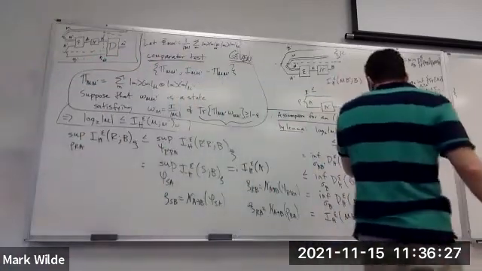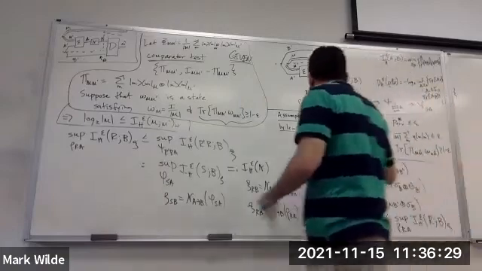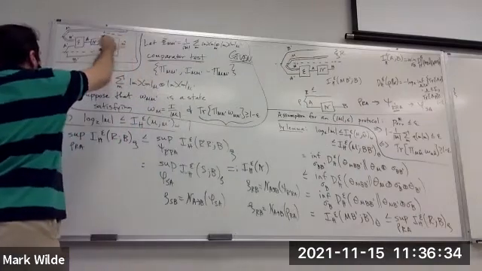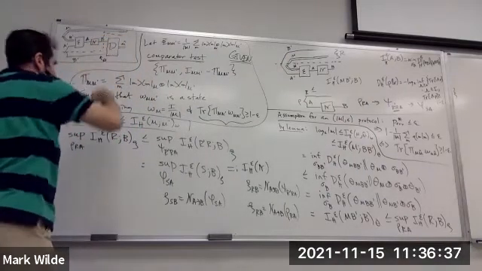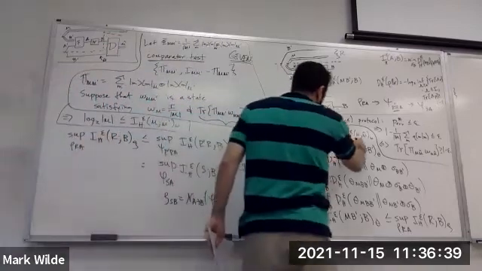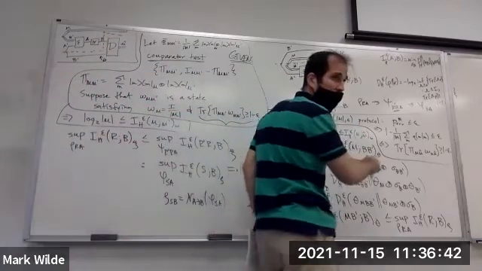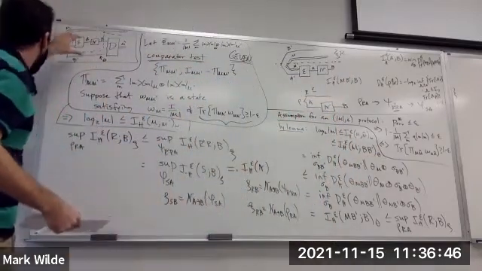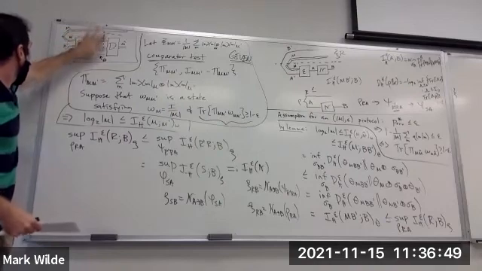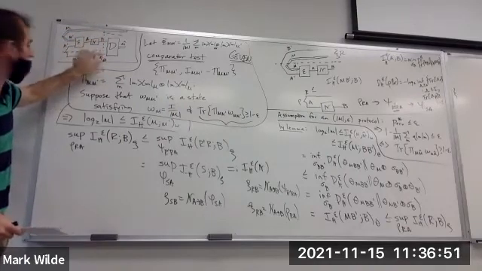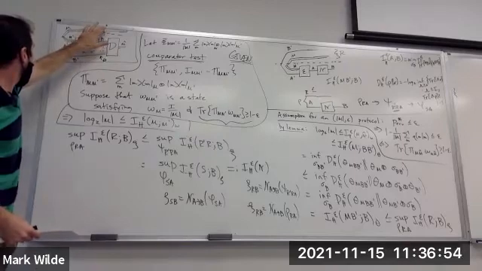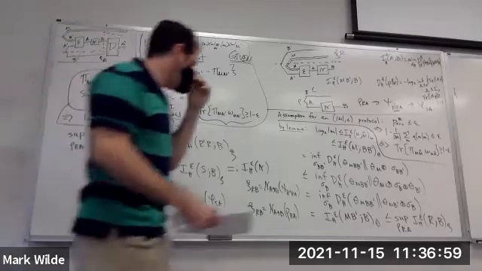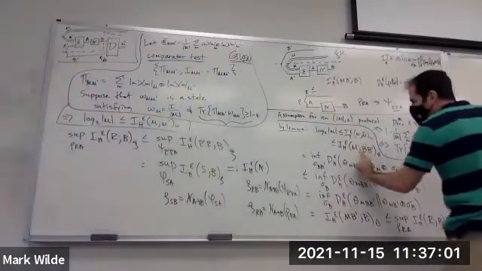We then use data processing to say that we can remove the dependence of the upper bound on the decoder by propagating backwards through the protocol and saying that this mutual information cannot be larger than this one. Then we use the structure of the protocol such that the state at this time point, the state on the systems M and B prime, is a product state. So that allowed us to get from here to here.